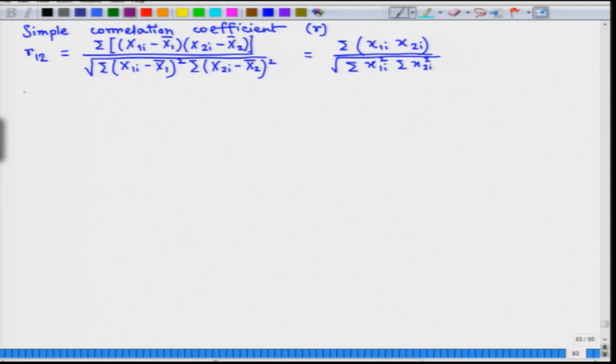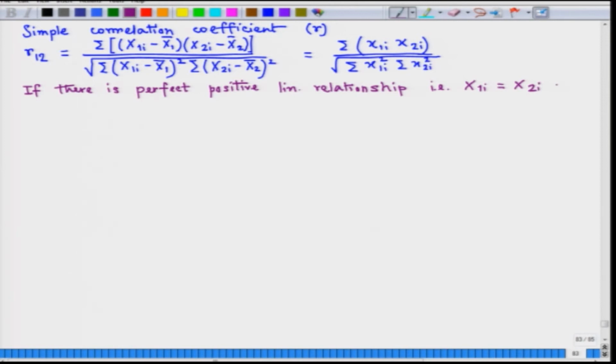If there is a perfect positive linear relationship between x1 and x2, it implies x1i is exactly equal to x2i, then R takes value plus 1, okay.